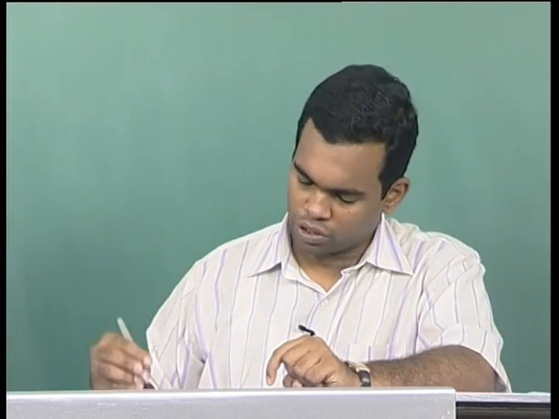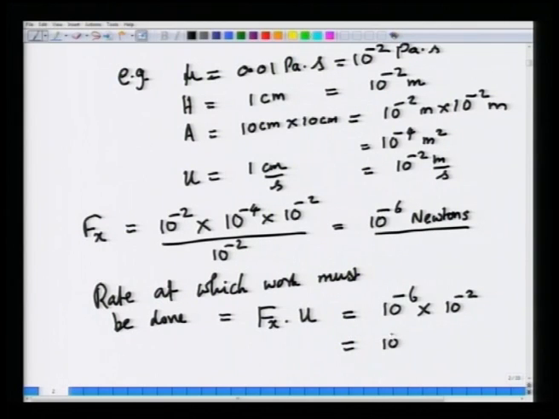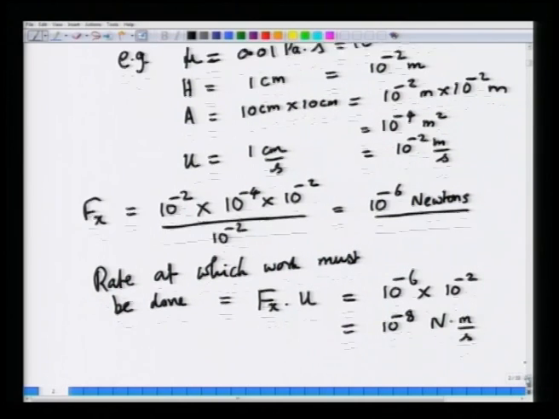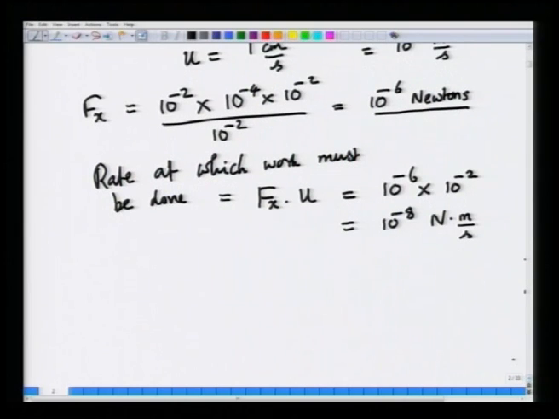Distance by time is velocity. So, it is the force times velocity, which is 10 to the minus 6 times 10 to the minus 2, so this is 10 to the minus 8, in newton meter per second. This is the rate at which work is done in order to move this fluid.